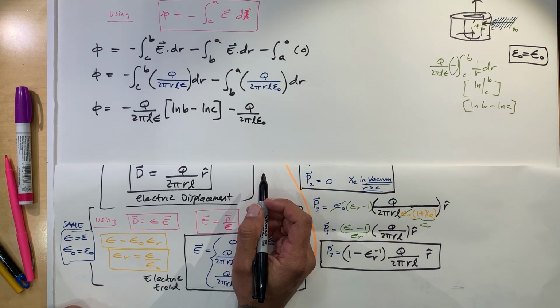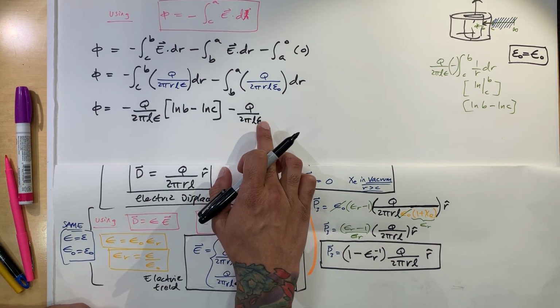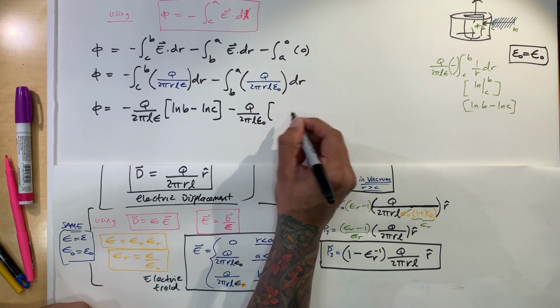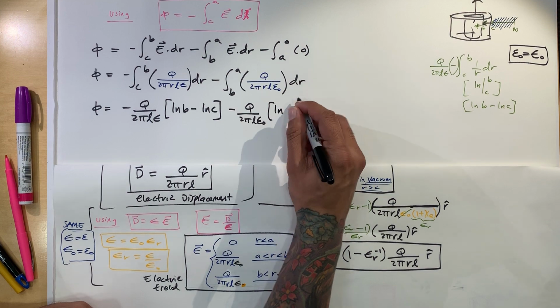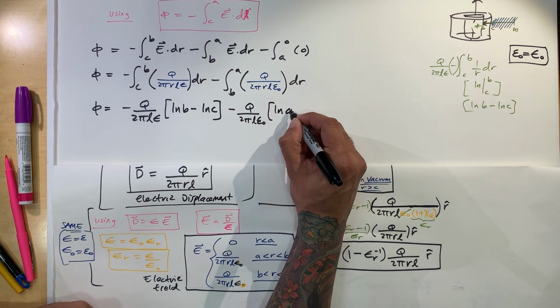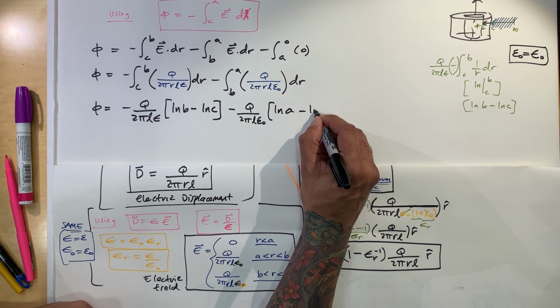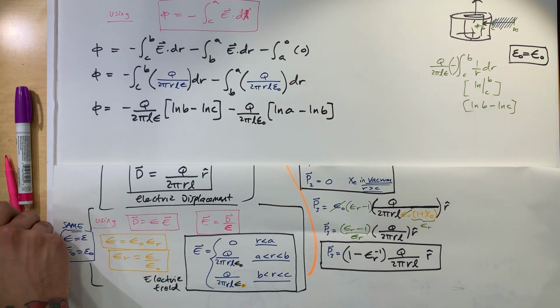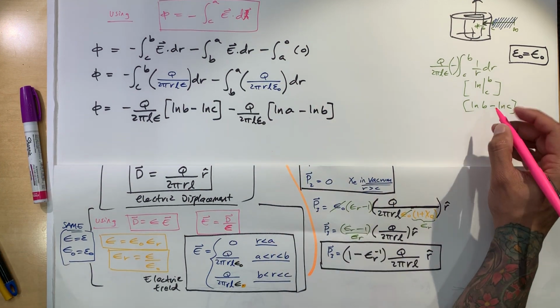All right, so we got this, the integral is 1 over r, and evaluating at the limits, we got ln of a minus ln of b.